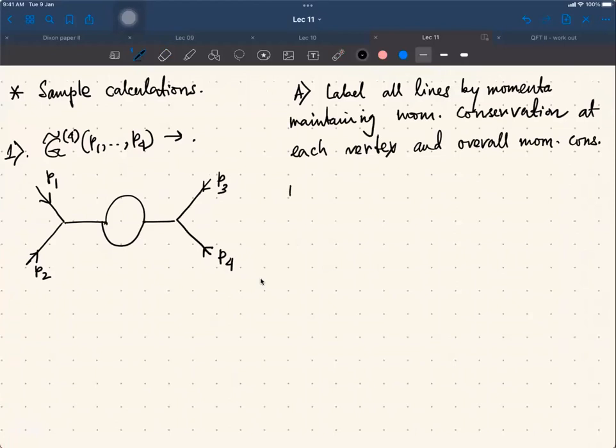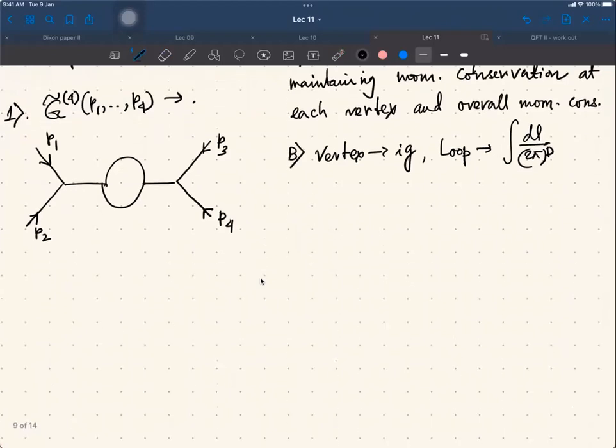Then after labeling all those lines in terms of the momenta, for each vertex write a factor of i times g. For each loop, perform the loop integral over the loop momentum that is not fixed by momentum conservation.